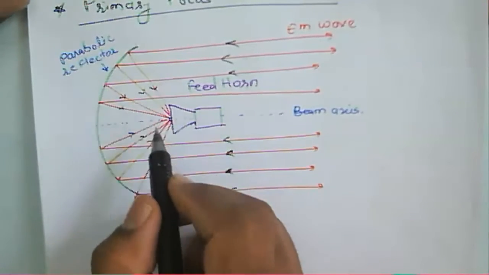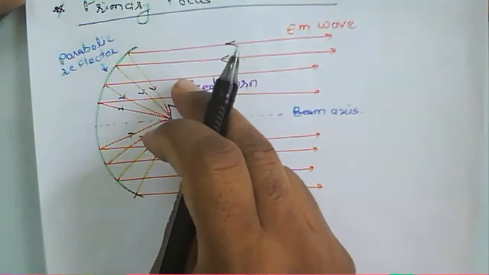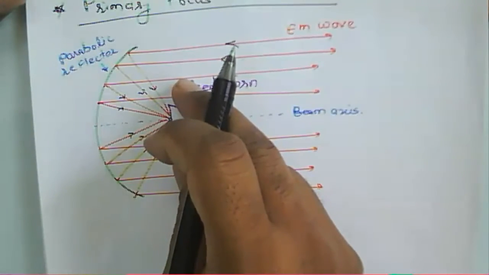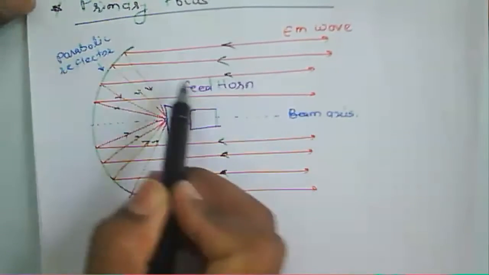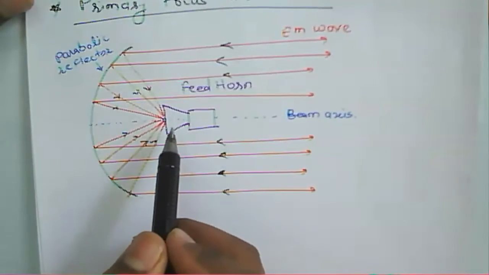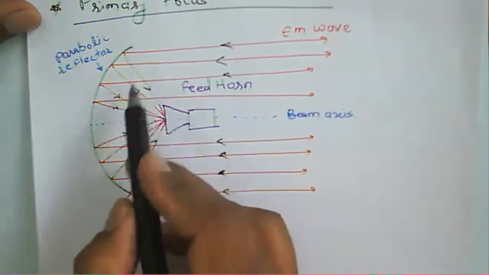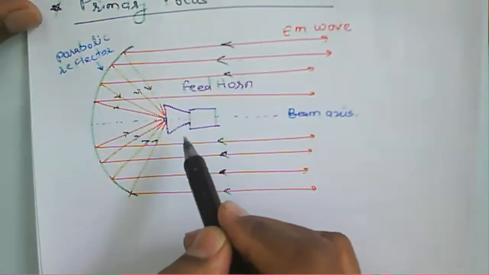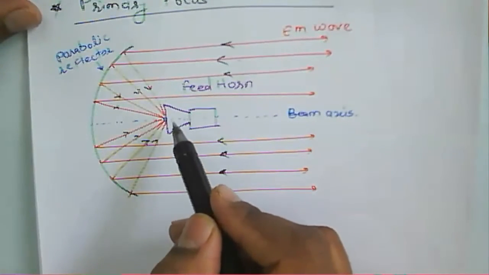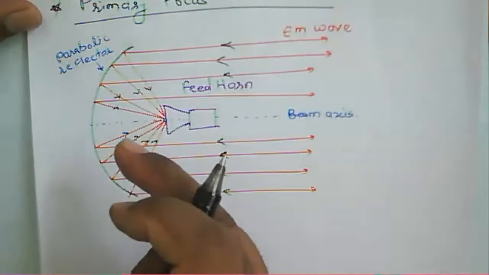So then, if that small size is used, then at the time of reception, what will happen? It reduces the illumination of the reflector by the received waves. So that's why it reduces the receiving power.